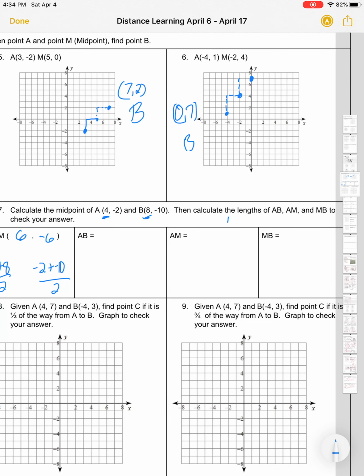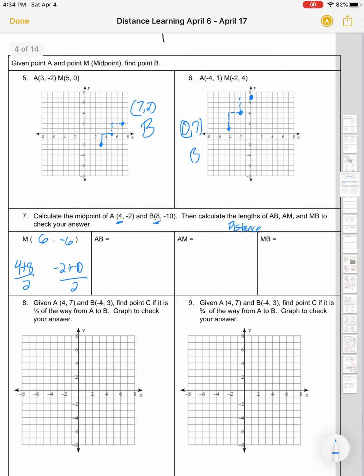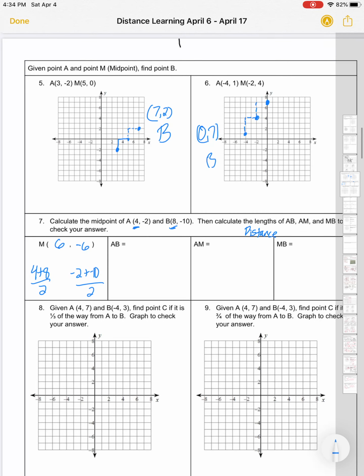Okay, and then it wants to find length. Length would be distance, so you use the distance formula. I'm going to show you a couple ways to do that. There's the formula, and then there's the way that I think is quicker myself. You have your big square root, and remember it's x minus x.